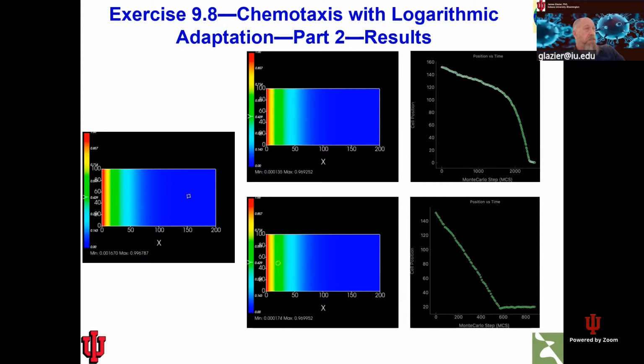What PhysiCell does is it measures the gradient and applies a force artificially to the cell. And it does it in a very strange way. I wouldn't have done it the way they do it. None of the other center-based models do it that way, by the way. I mean, it seems to work okay, but it's not how the other people do it. But that's not a criticism of PhysiCell.